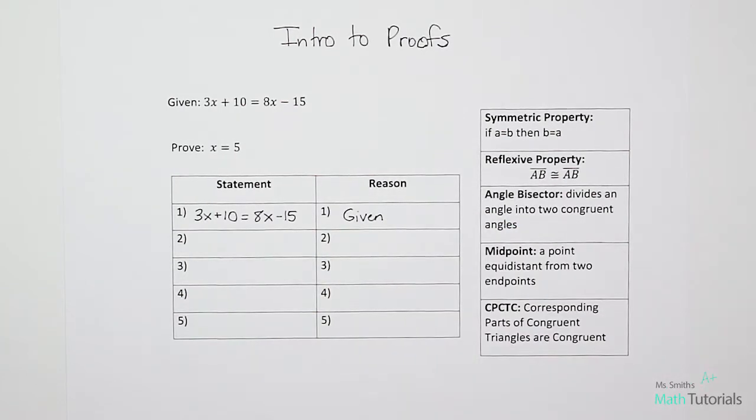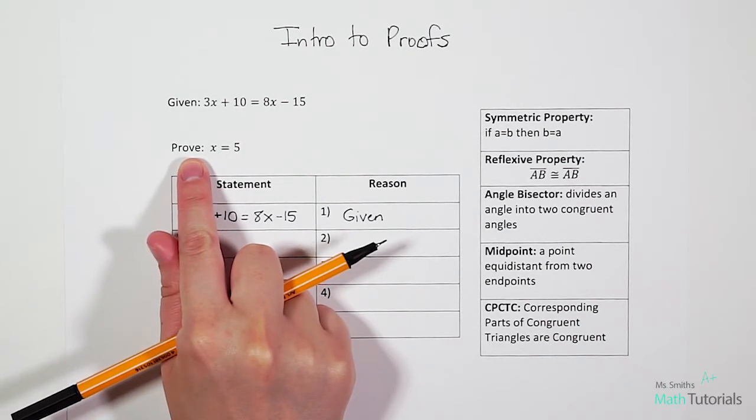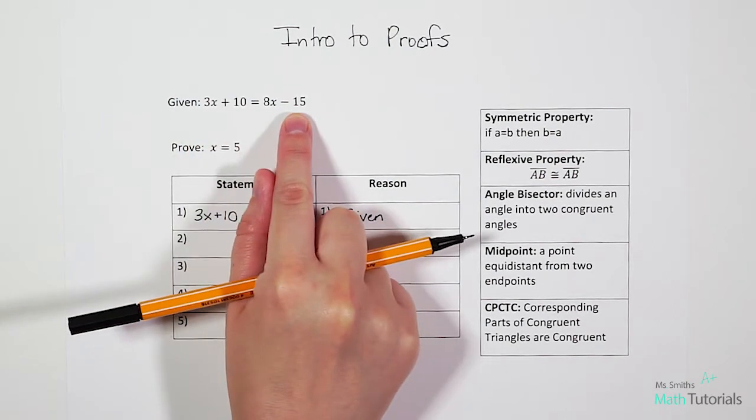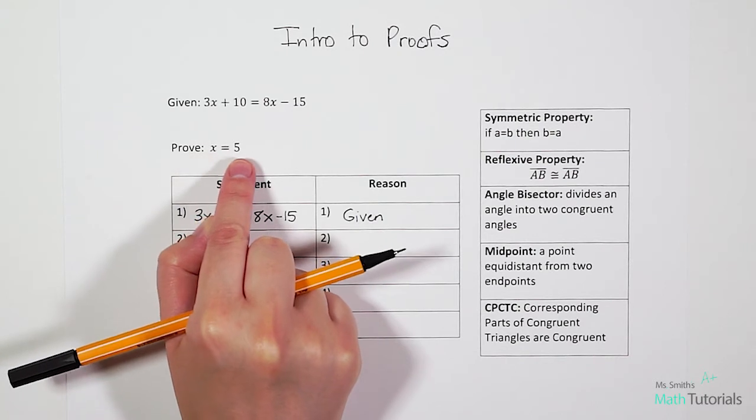A lot of times we'll have more than one given statement, and we'll see that in a few of our next problems. In this example, we only had one given. Now, our next part that we can go ahead and fill into our table is our prove statement. We're given this algebraic equation, and we want to prove that x equals 5.